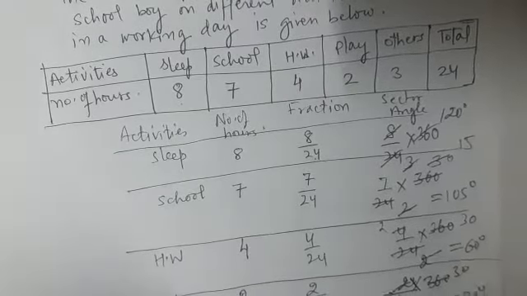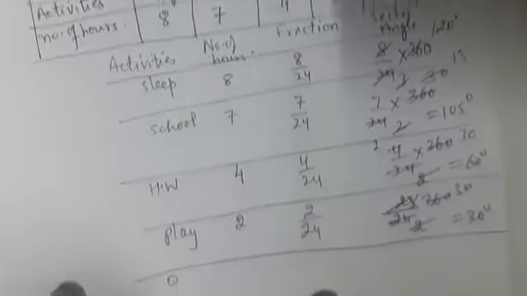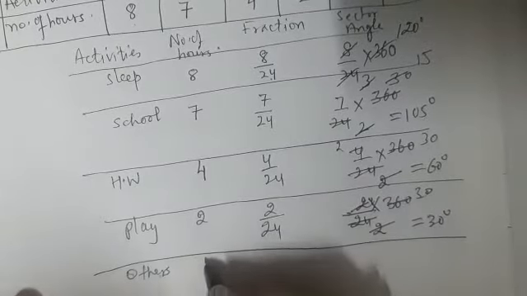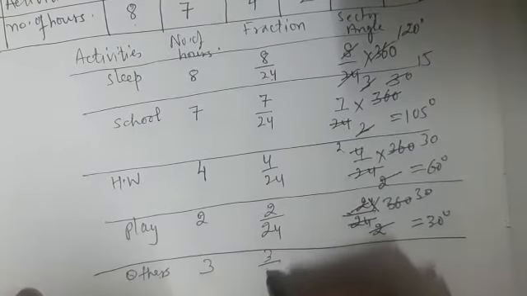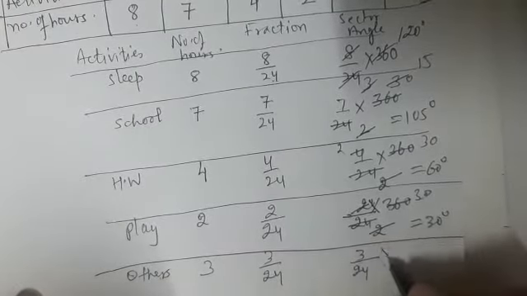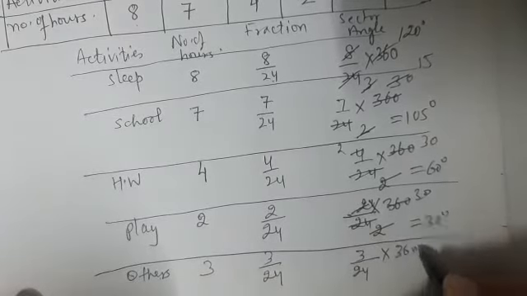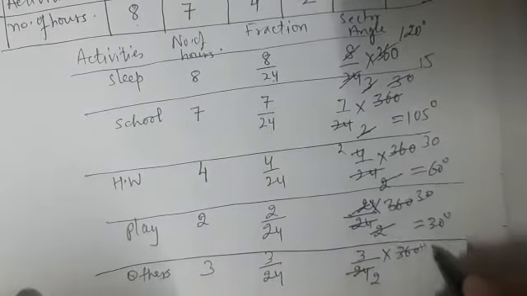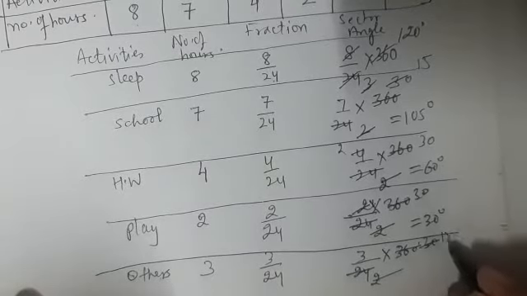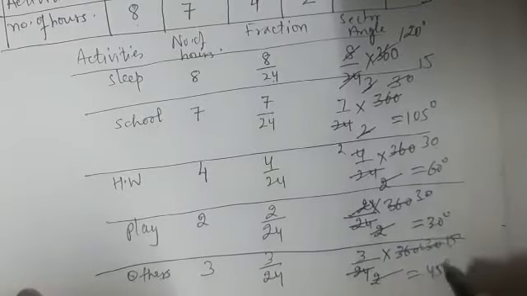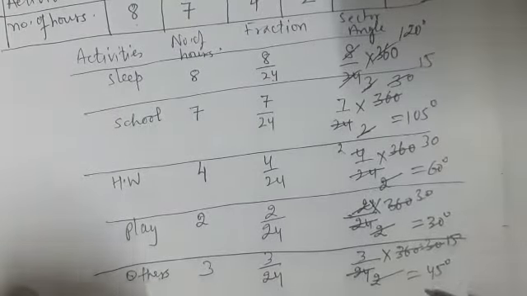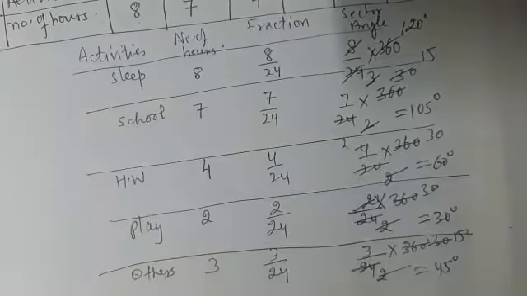And the last is others, and that is given to be 3. So 3 by 24. So what is the sector angle? 3 by 24 into 360 degrees, so that comes out to be 45 degrees. So this is how, if you add these angles, you get a total of 360 degrees.